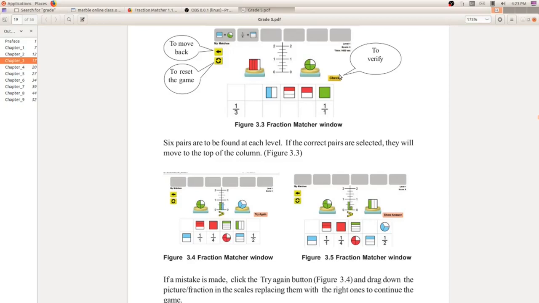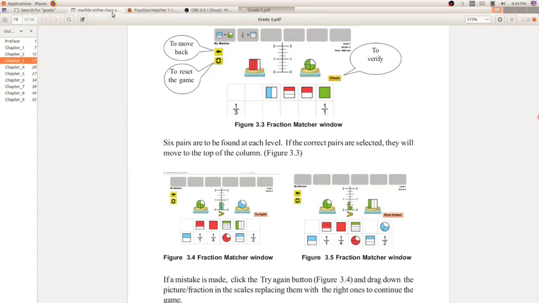What is its use? It is used to verify the answer. I will show all these buttons once again, don't worry. First I am explaining the uses of these buttons, and I will explain them using the software once more, then it will be very clear for you.